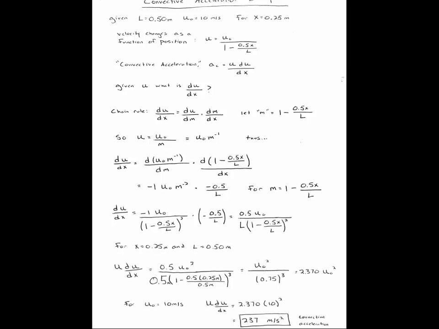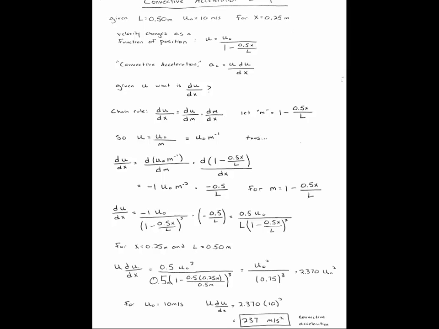Okay, so now we just have to do some changes here. Instead of m to the minus 1 power, we move the exponent down in front, so it's minus 1 u naught m to the minus 2 power. And then this part of it, if we take the derivative with respect to x, is just negative 0.5 divided by L. Okay.